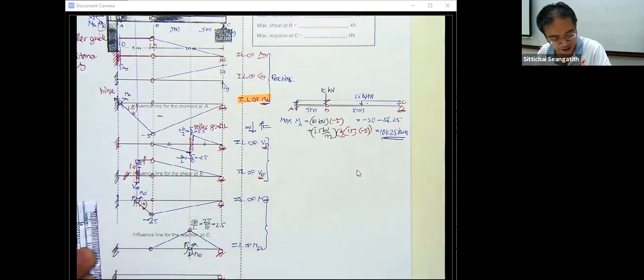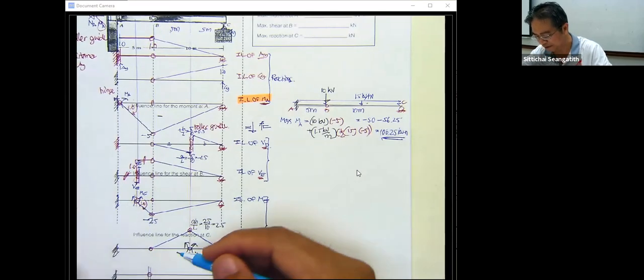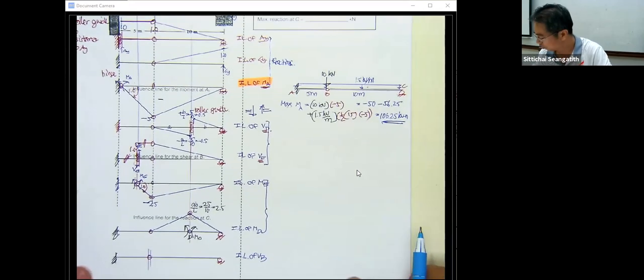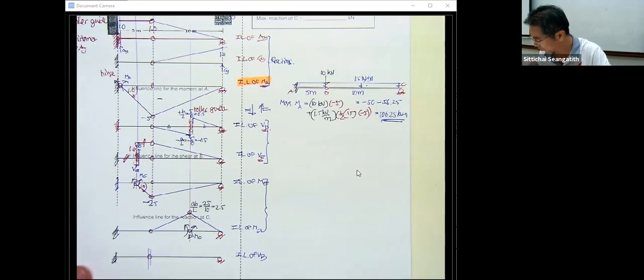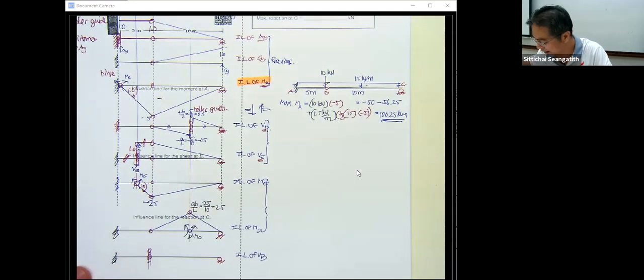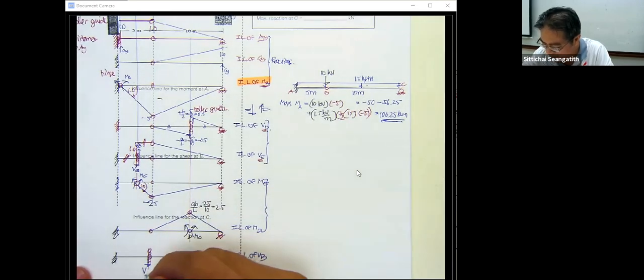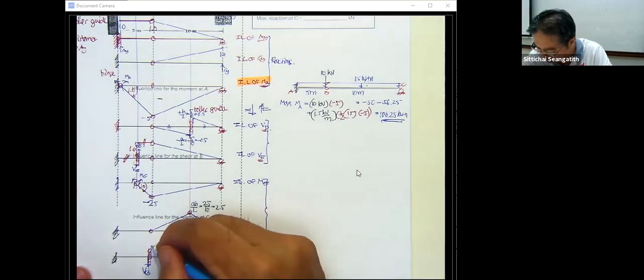And then the point B is here. We're going to draw the influence line of V sub B. We need to release the resistance to the shear force here. So the hinge must change to be the roller guide, and then we apply the shear. One shear is downward, that is V sub B, and another one is upward.